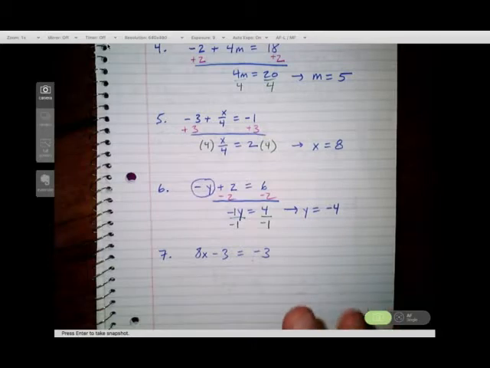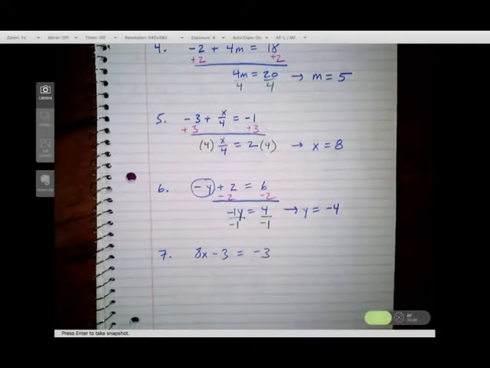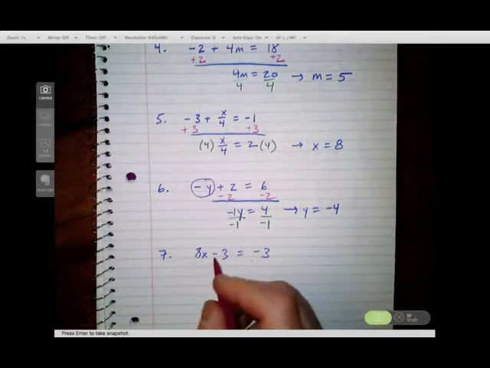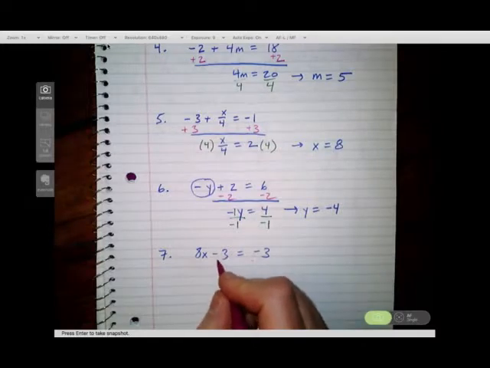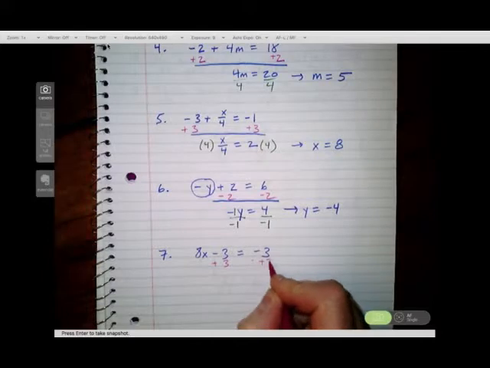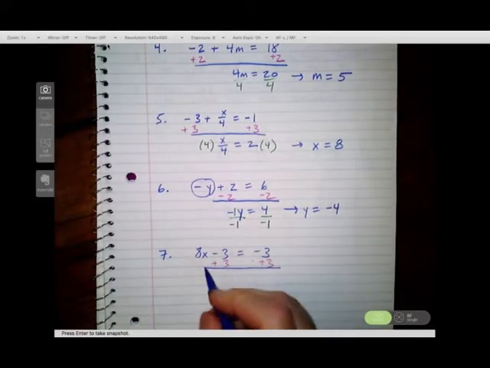All right, last but not least. Okay, now this one's going to be a little weird, and it shouldn't be, but for some reason it just kind of is, and you'll see in a minute. So 8x minus 3 equals negative 3. Okay, so to undo subtracting here, I'm going to add 3 to both sides. Okay, so what's left on this side?